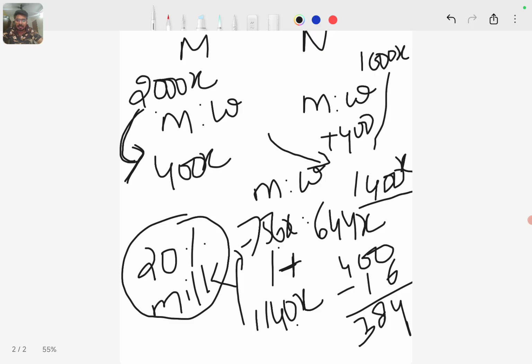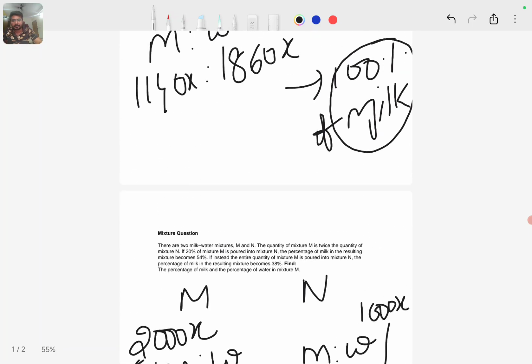When we added 100% of the milk quantity, it means 1140. So the difference between percentages while mixing the content into the mixture N is 80%. 80% of the milk content is this one, 384. 80% of milk quantity in M is 384.